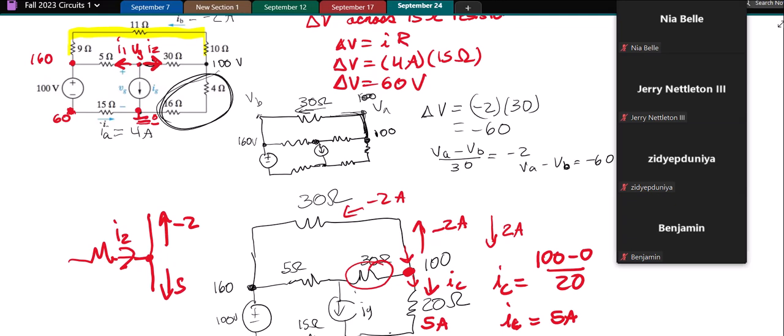If I just want to write a KCL equation for it, I don't want to try to get all these pluses and minuses figured out, I can just say current going in has to equal current going out. Current going in is I2, has to equal current going out, which is minus 2 plus 5, so I2 has to equal 3. So I have 3 amps right there.